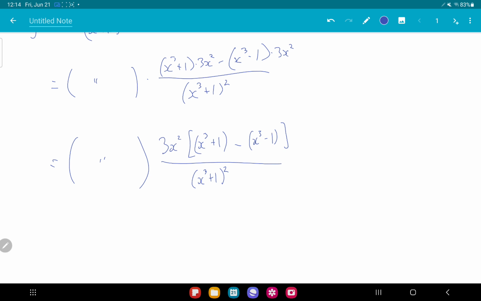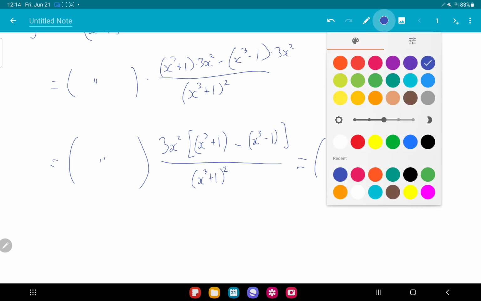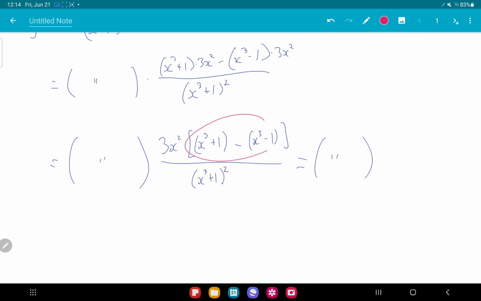And then what happens? I got my ditto marks there, and I got 3x squared times something, and that something is 2, right? The x cubes cancel. I got 1 plus 1.